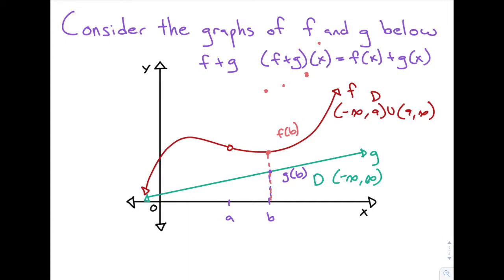So when we add f and g, we have to exclude any values that are problematic, like this one. In particular, we would write this as the intersection of the domain of f and the domain of g. So the domain of f plus g would just be the same domain as f in this case.